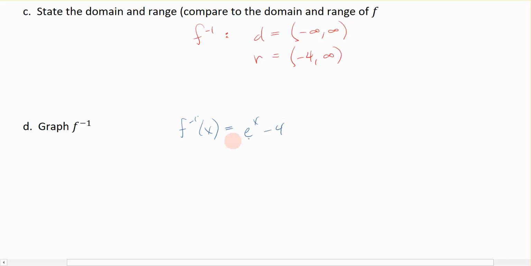Okay, so this is just an exponential function that we now want to graph. I start by talking about the base, a. A is equal to e, which we already said is about 2.7, which is greater than 1, so it's an increasing function. I know that on exponential functions, I have a horizontal asymptote at y equal to 0, and I cross the y-axis at (0, 1).